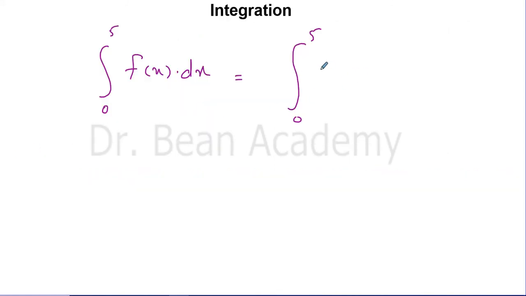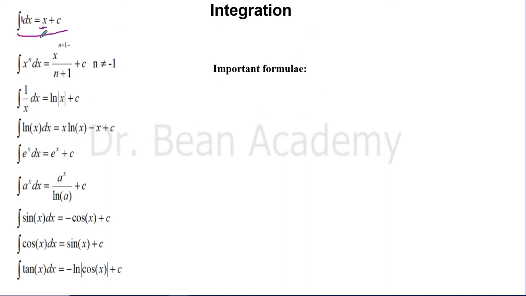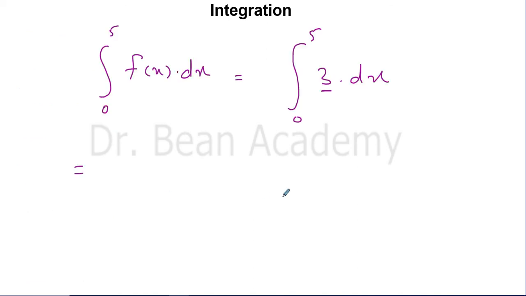So here is the integral from 0 to 5 of 3 dx, and you know that this is a constant. If you get a constant, the table of integration says that you put x along with the constant. So the solution of this integral is 3x, and then I put in these limits 0 to 5.